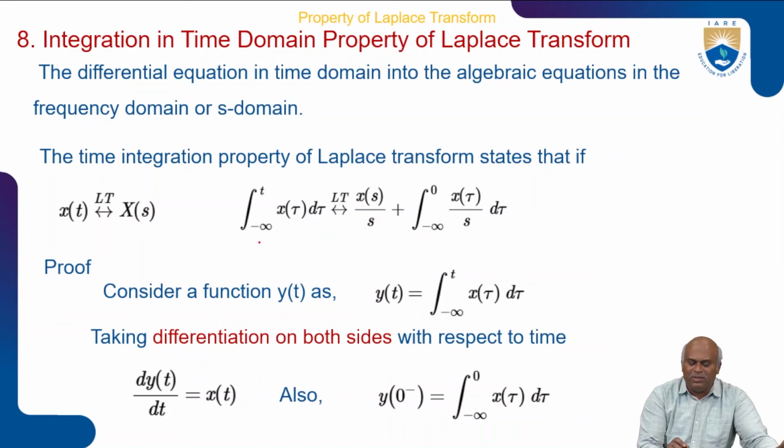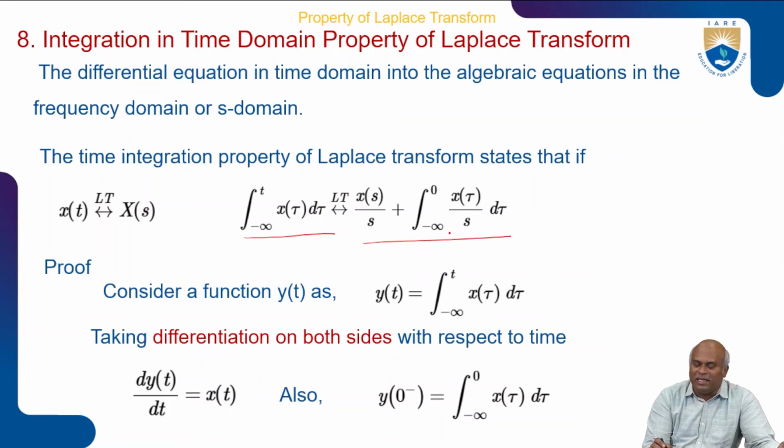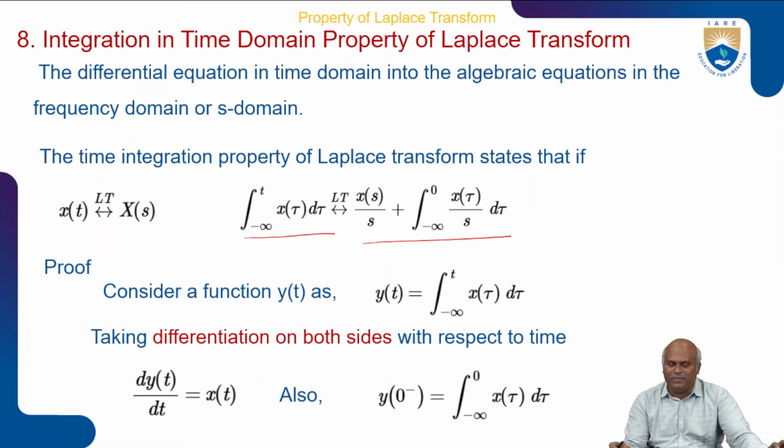So this means the integration in time domain, for the differential equation in the Laplace term, the output domain also gets the integration of frequency or S domain. That's the statement. We need to prove this statement.